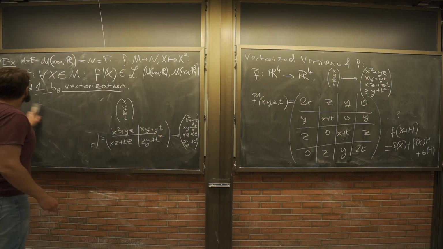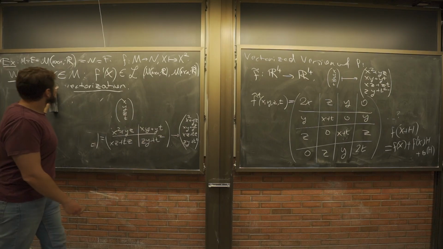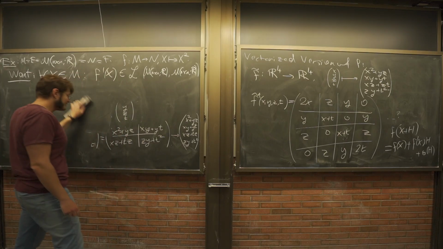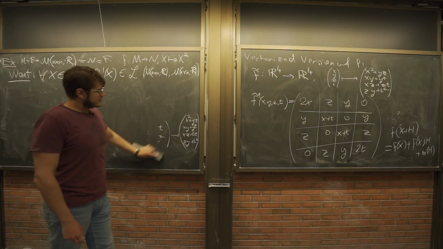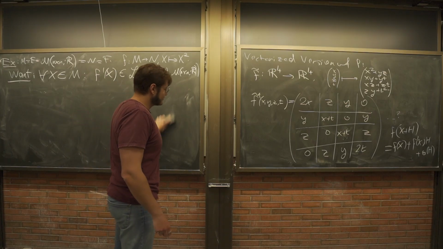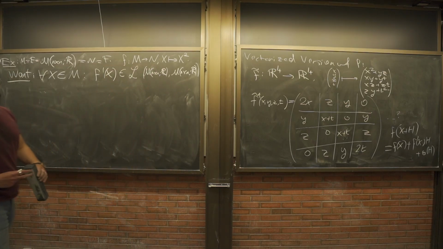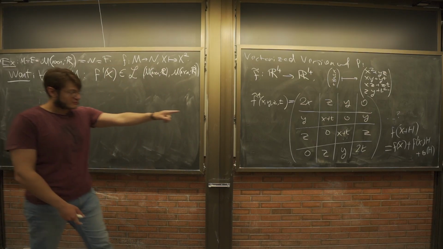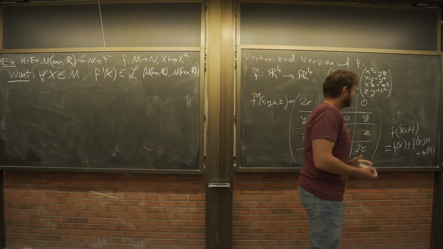So I'm going to do method 2 in the remaining 3 minutes. That's going to be more than enough, actually. And this is going to work for any n, because I'm going to start with what I want. Okay?